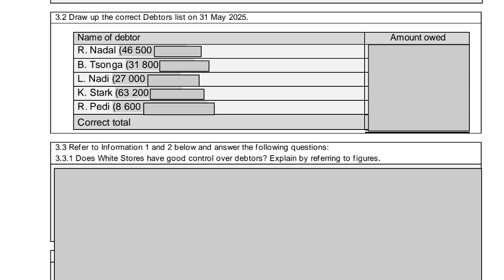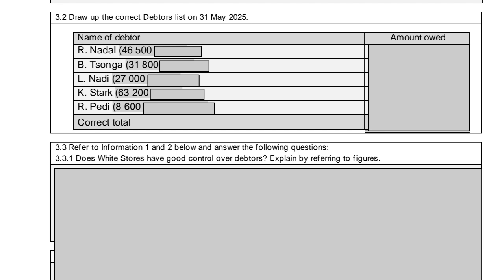3.2. Draw up the correct debtors list on 31 May 2025. So firstly, you write down all the names of your debtors and their opening balances before any omissions or errors. And this you get from information 2. So our debtors are R. Nadel, B. Shunga, Al Nadi, K. Stark, and R. Petty.